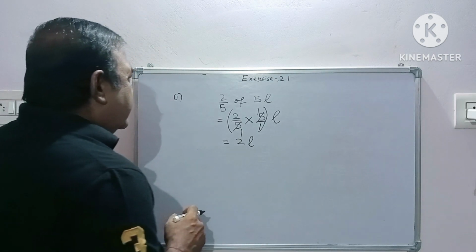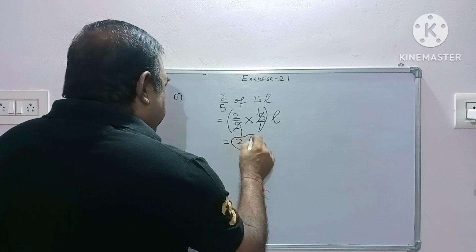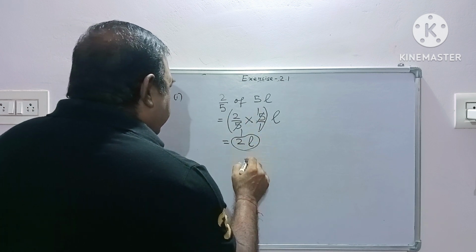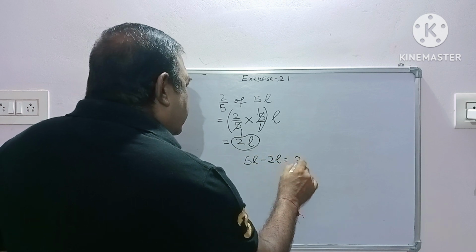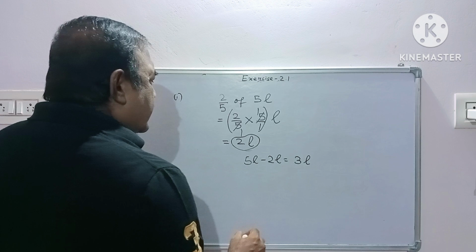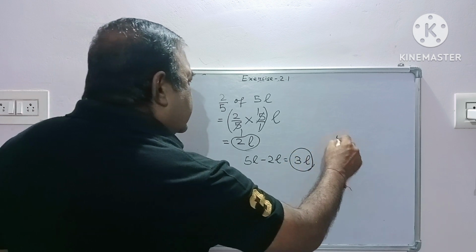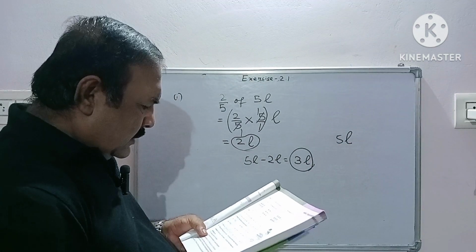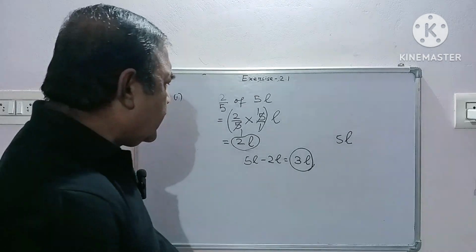So you see, after drinking 2 liters out of 5 liters, how much remains? 5 liters minus 2 liters, that is equal to 3 liters. So 3 liters is present now, and initially it was 5 liters.